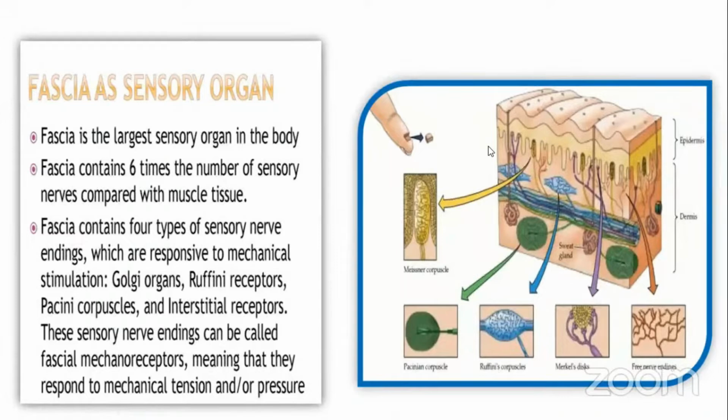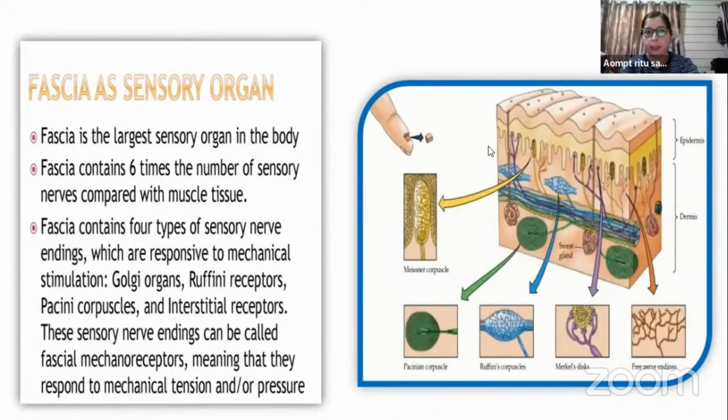So the fascia works as a sensory organ also, because it is the covering. Whatever sensory input we get first, we get through the fascia, the skin that is covered on the skin also. So fascia is the largest sensory organ in the body, and it contains 6 times the number of sensory nerves compared with the muscle tissue. Fascia contains 4 types of sensory nerve endings.